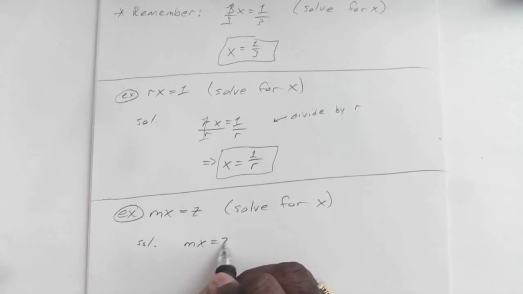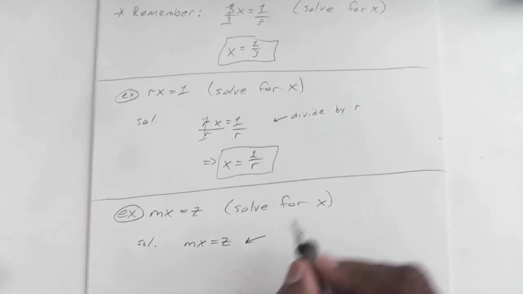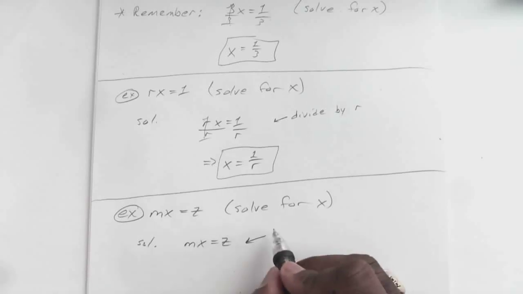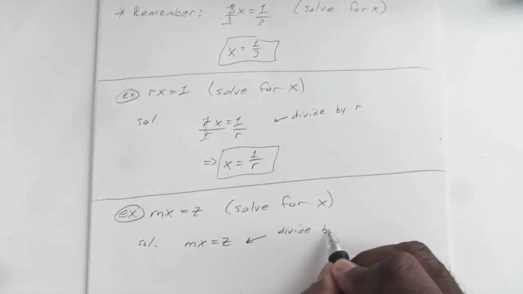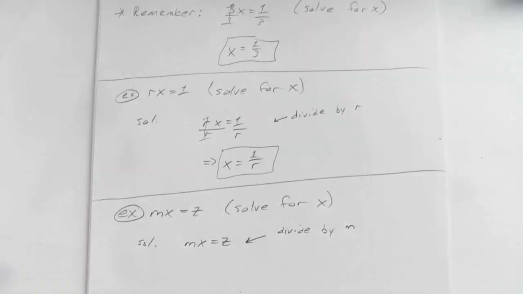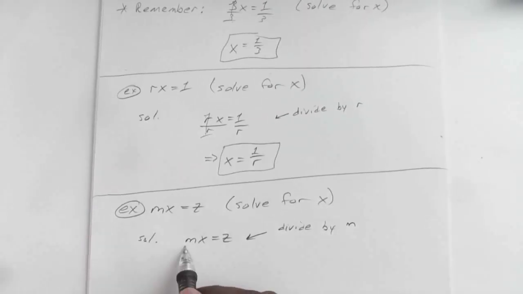In this case you divide both sides by m. Anything divided by itself is 1. So x would equal z over m. Whether you have numbers or variables, like I said, it's the exact same process. It doesn't change at all.